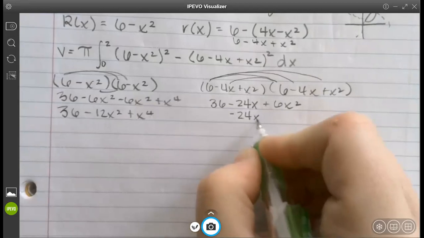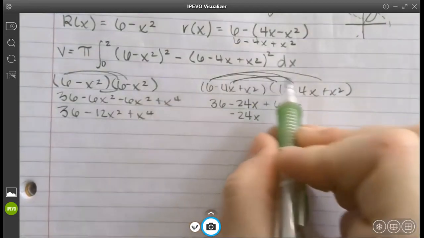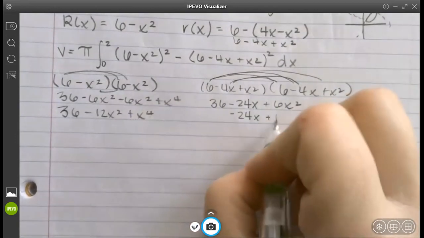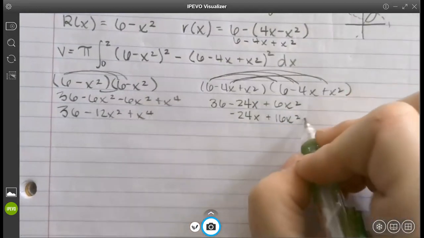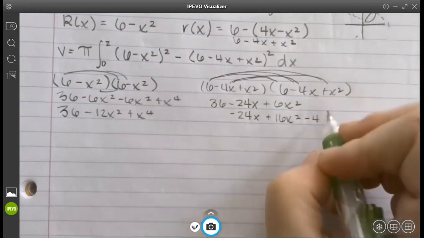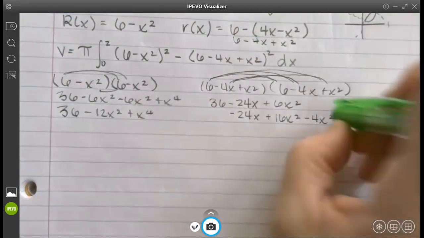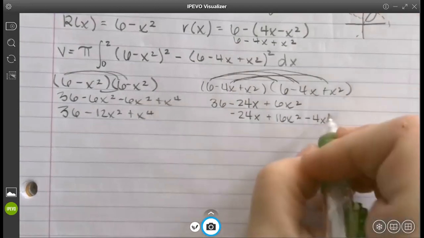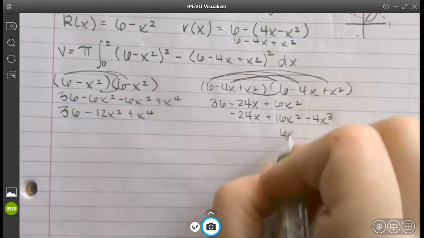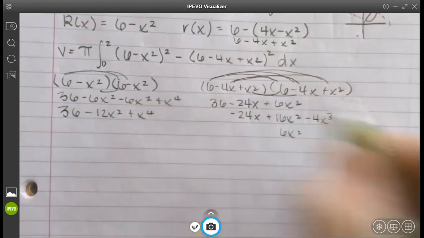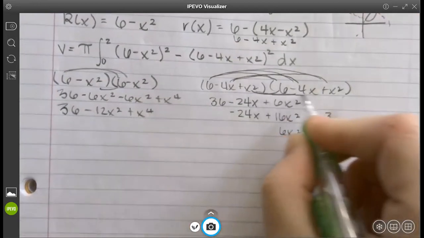I just lined them up in order so I don't have to find them later. Negative 4x times negative 4x, 16x squared. Negative 4x times x squared, to the third. And then the last one, x squared times 6, x squared times negative 4x, and then x squared times x squared.